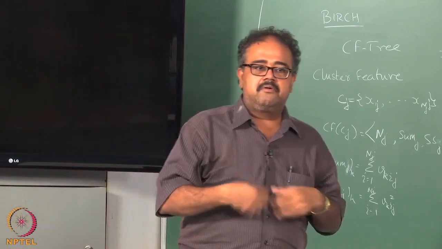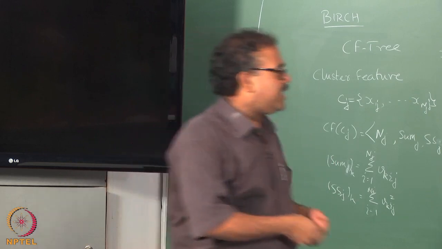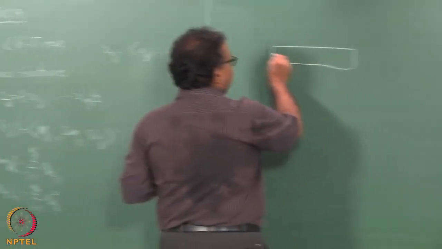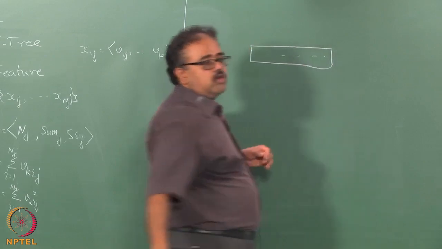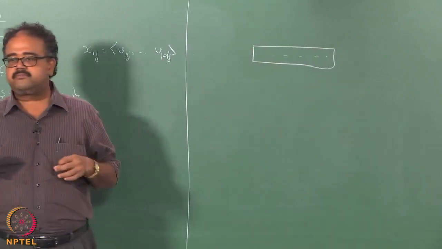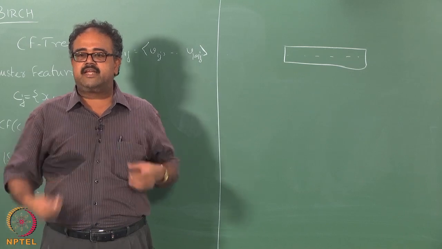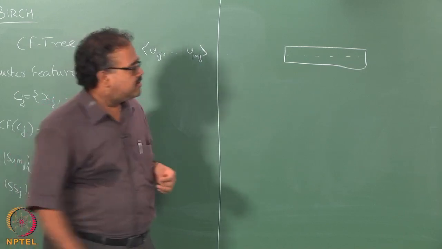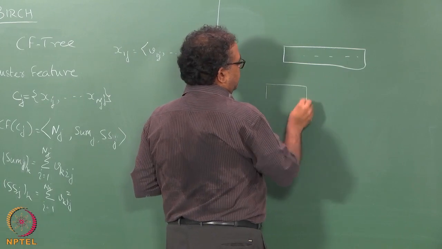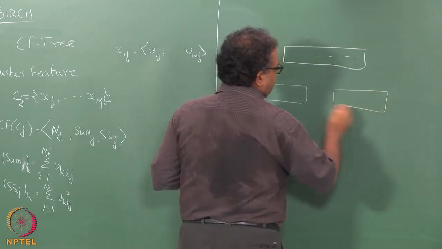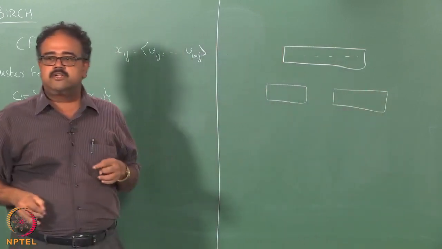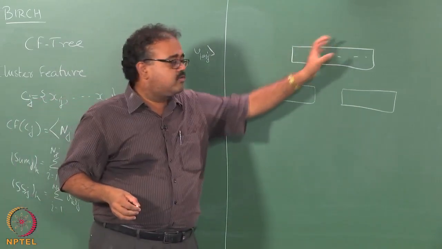So, I keep doing this, I keep going until I come to some point where I have too many clusters that I have thrown in at this point. So, essentially I start breaking the cluster into 2, breaking this node into 2.